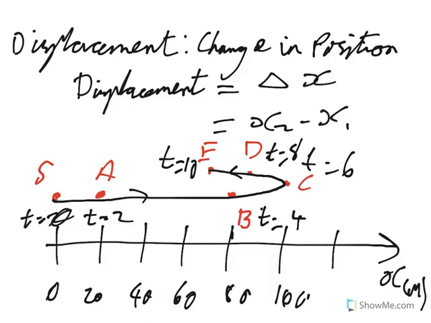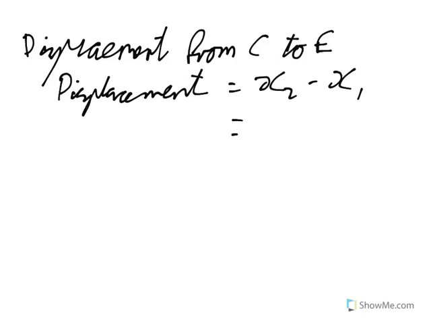Where it ended up is at E, which is here, and where it started was at C, which is there. So it ends up at 70 metres, but it started at 100. So 70 minus 100, minus 30 metres from where it starts.